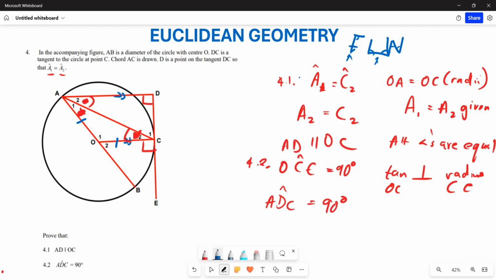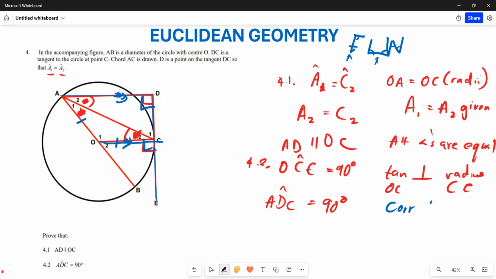What makes that equal to 90 degrees? If we form our corresponding angles here, can you see that this angle here corresponds with this angle here because these lines are parallel to each other? Are we together? So from corresponding angles, we can conclude that our ADC is going to be 90 degrees.